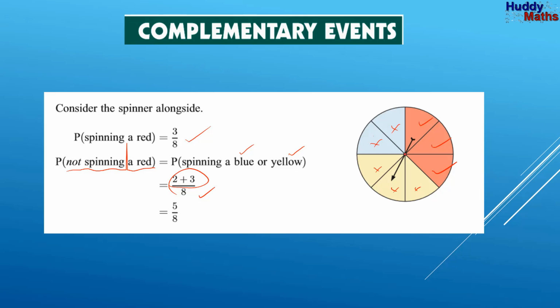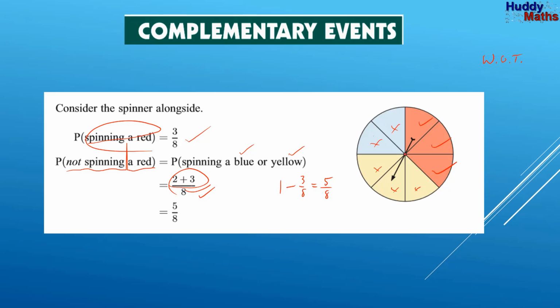But there is a different way of thinking, W-O-T, a different way of thinking. And that is to say, well, spinning a red has a probability of 3/8. Not spinning a red is what's left, isn't it? You either get a red or not a red. So you could say that's what's left from 1. So 1 minus 3/8 must be the probability of getting what's left.